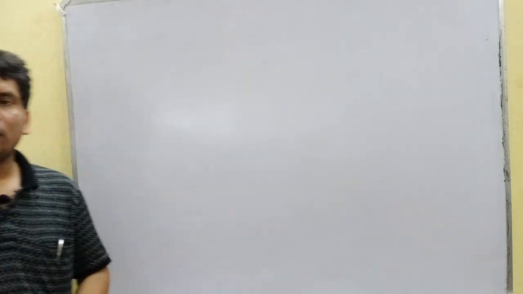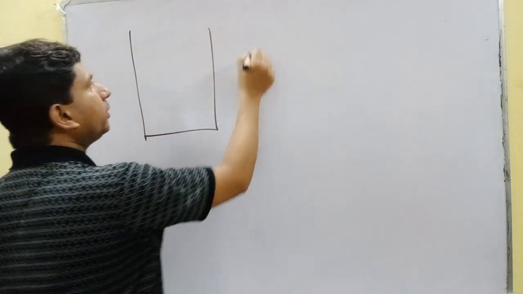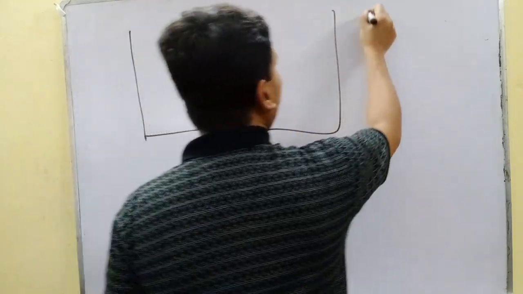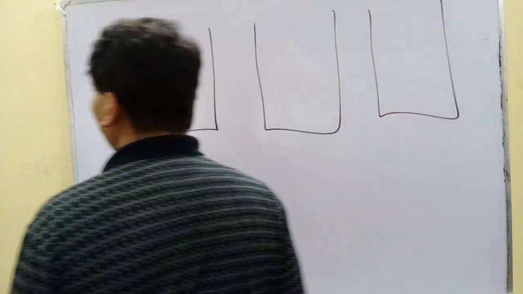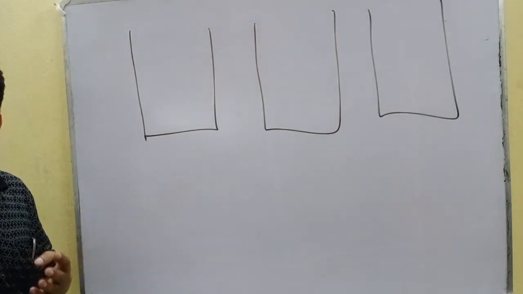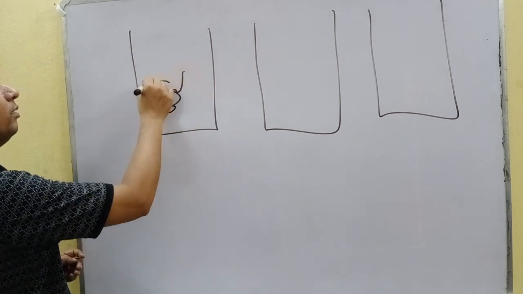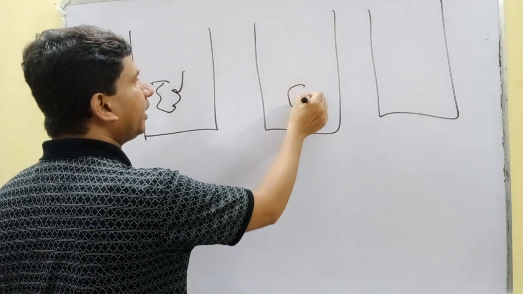In osmotic pressure we can draw three diagrams. If we take a red blood cell, this is a normal red blood cell.